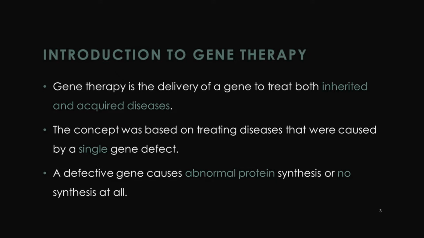For example, I'm not so sure about whether there is a gene therapy for HIV, but let's say if I have acquired an infection like HIV, then I might use a way to basically disrupt the function of a particular gene that might be involved in the spread of the disease.